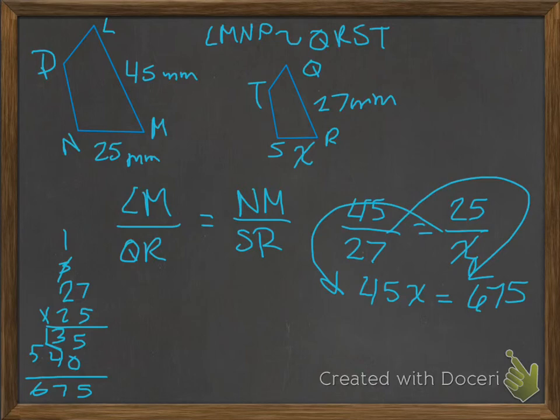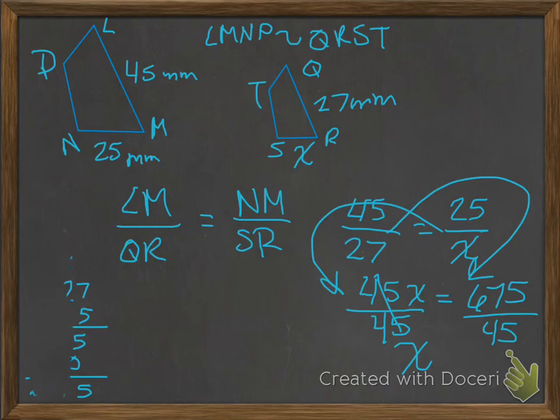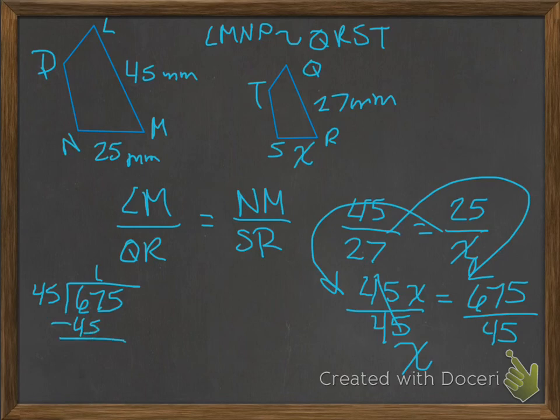And then to solve for x, divide by 45 on both sides. So 675 divided by 45. Let's make some extra room. You can do your side work. 45 goes into 67 only one time, with a remainder of 22, and then we need to bring down our 5.